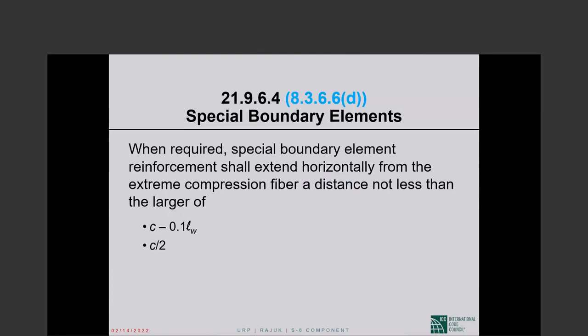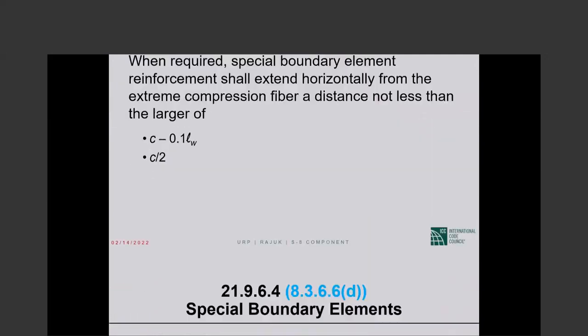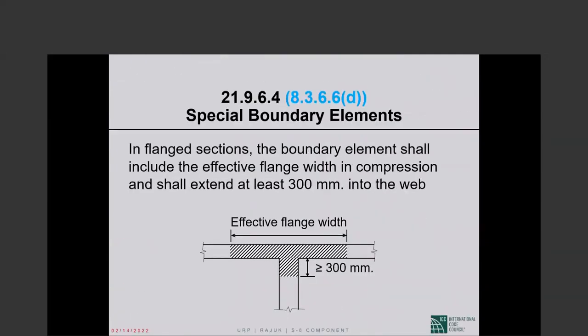And the answer is 1/2 of the calculated neutral axis depth, or the neutral axis depth minus 1/10 of the length of the shear wall, whichever again is the larger of the two. So the code gives you the vertical extent of the special confinement. It also gives you the horizontal extent of the special confinement.